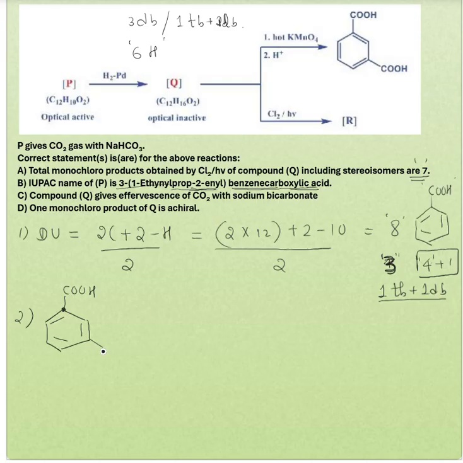Prop-2-enyl. Prop means 1, 2, 3, 3 carbons are there, and the numbering should start from here, 1, 2, 3. That means at second position there is a double bond. This is propene, right? And it is present as a substituent, therefore propenyl.